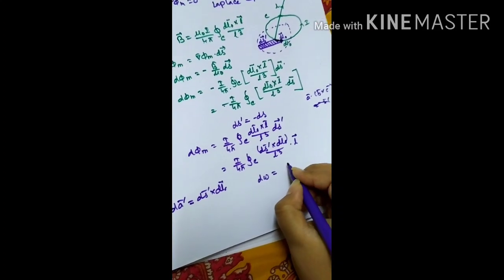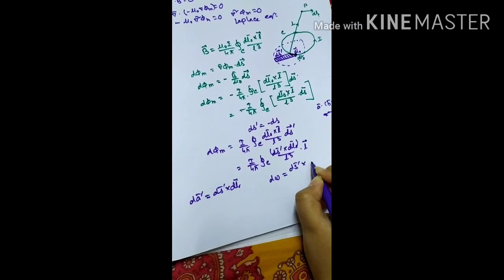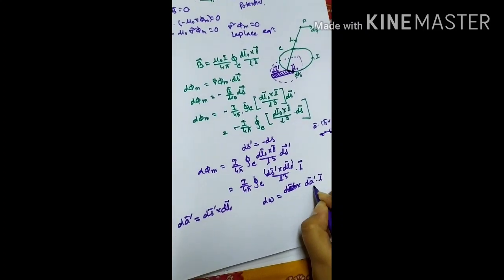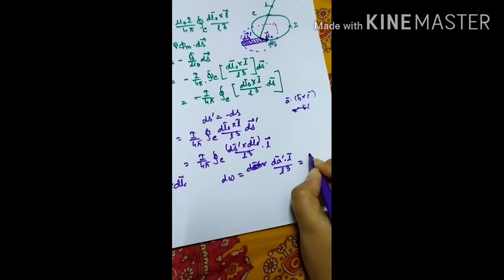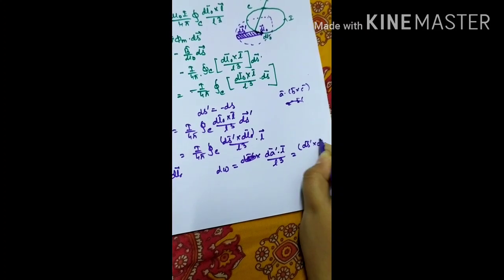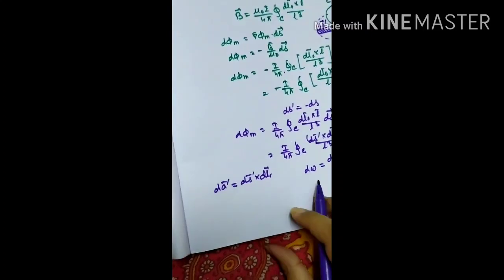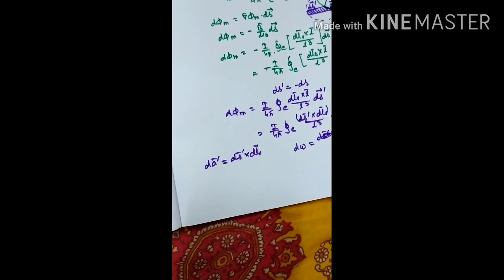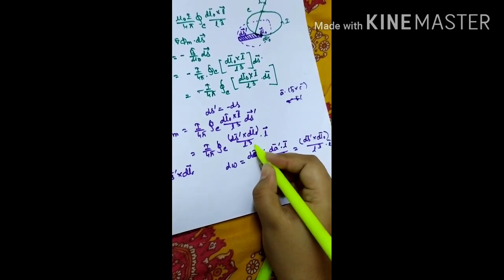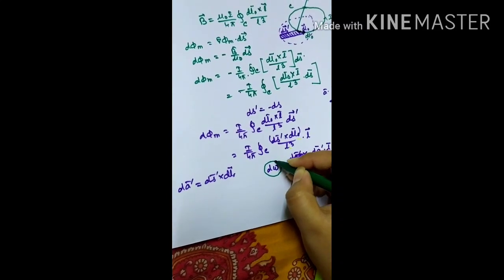The solid angle d omega is dA prime dot L by L cube, and dA prime means ds prime cross dl0. So d omega is ds prime cross dl0 by L cube dot L. You can understand that this thing and this thing are the same, so we can substitute this by d omega.